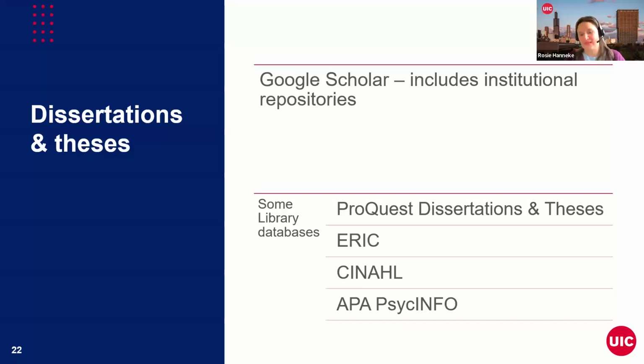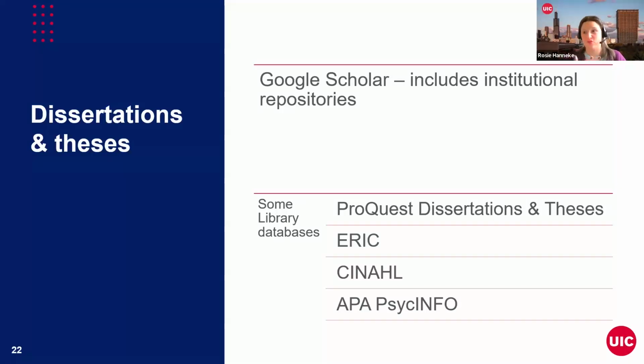And then the other 3 databases listed here, ERIC for education, CINAHL for nursing and allied health, and PsycInfo for psychology and related disciplines, include dissertations and theses in addition to scholarly articles and other resources that are in those databases. You can also search Google Scholar for dissertations.